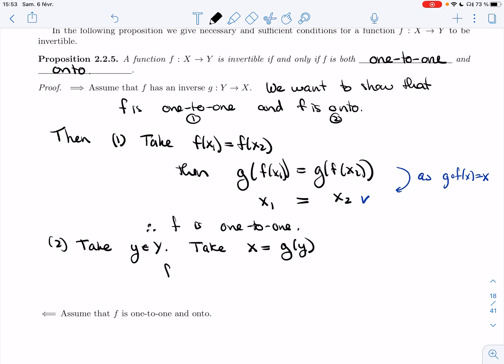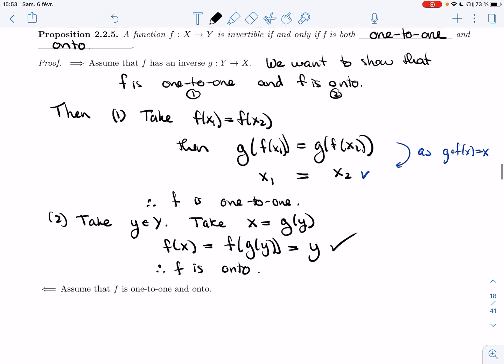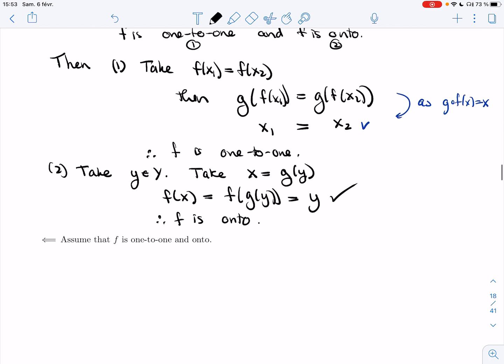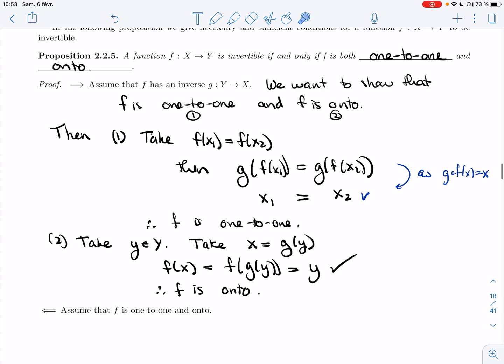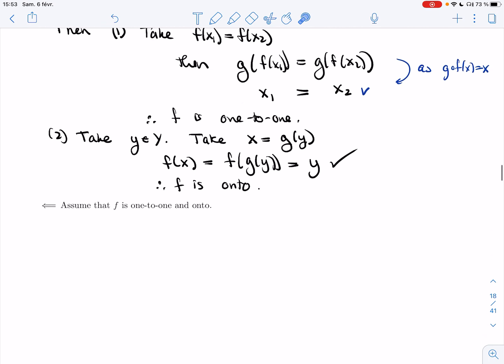If I apply f to it, I get f of g of y, f and g cancel, and I get y. That's exactly what I wanted. And so f is onto. All right, so we've just proven that if f has an inverse, then it is 1 to 1 and it is onto. Now we're going to prove the opposite direction.